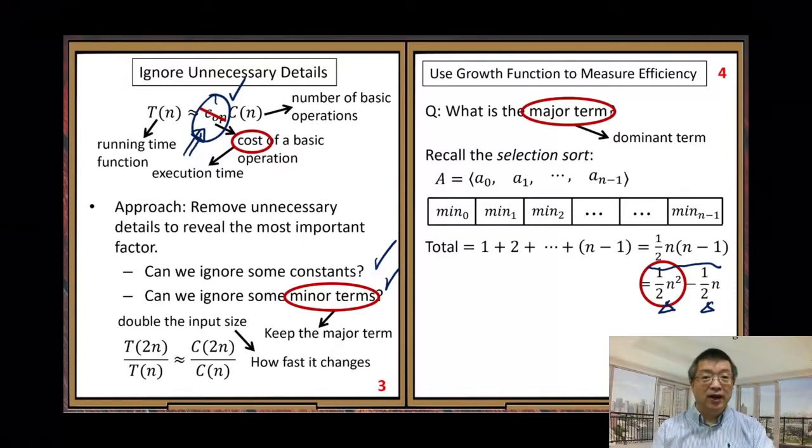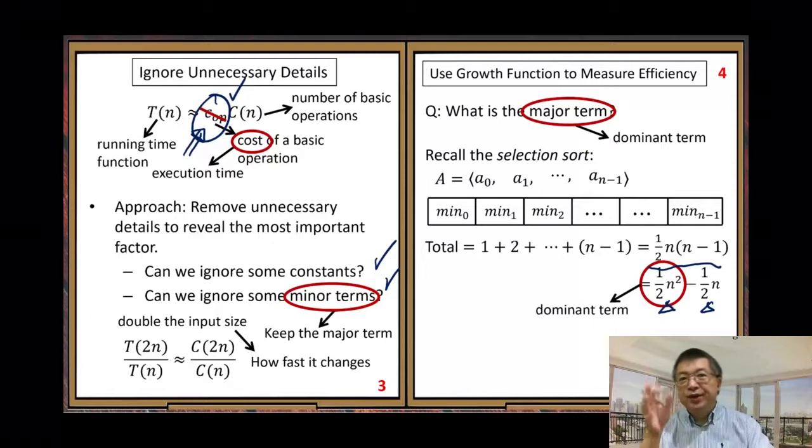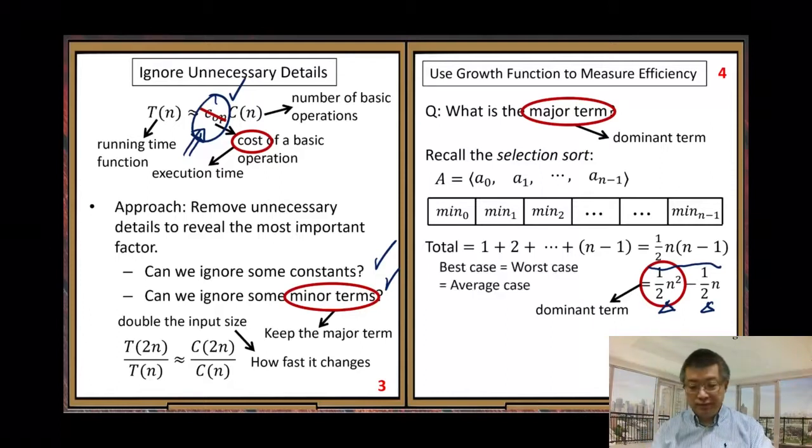So now the meaning of dominant term is clear here. But we want to connect to the main topic of this video, growth function. To connect to the growth function, we need to do another step.